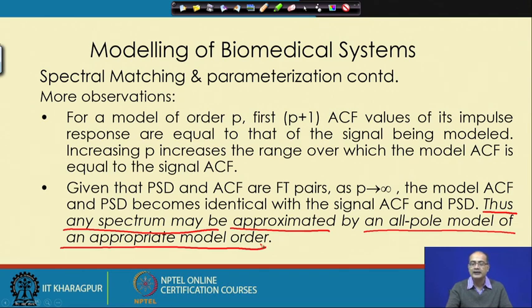Previously we have said that in the case of biomedical signals the AR model is good, but there may be cases where the MA model would have been more appropriate. We may not have encountered such a situation, that is why we do not know, or an ARMA model may be better in terms of a compact representation, but we started with an AR model because of our lack of knowledge.